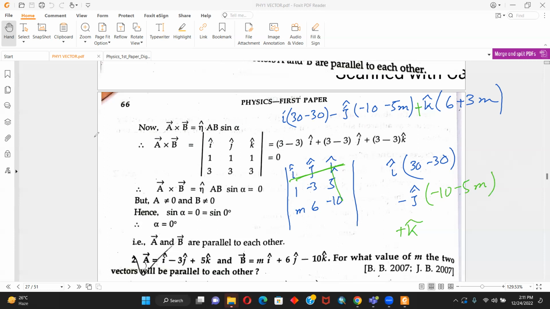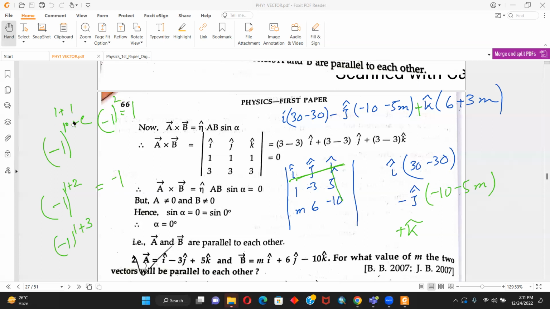If you want the reason for where you get a minus and where you get a plus, it's minus 1 to the power of row number plus column number. For i, the row number is 1, the column number is 1. That will be 1 plus 1, so minus 1 squared is 1. For j, the row number is 1 and the column number is 2, so you get minus 1. And for k, the row number is 1 and the column number is 3.